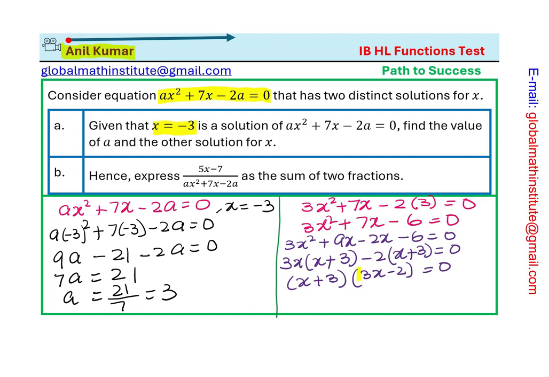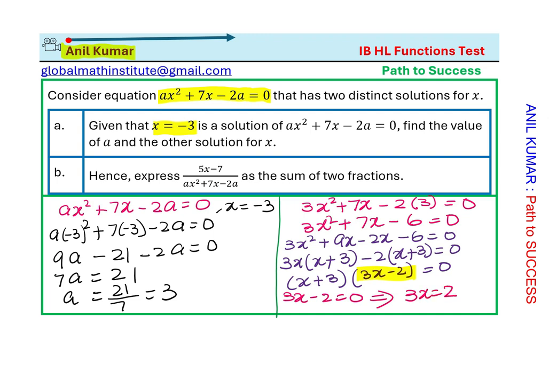So what you need to do is equate the second factor to 0 to find the other root for this parabola, right? So 3x minus 2 equals 0 gives us 3x equals 2, or we get the solution x equals 2 by 3. Makes sense. So x equals 2 by 3 is the second solution of this particular equation.